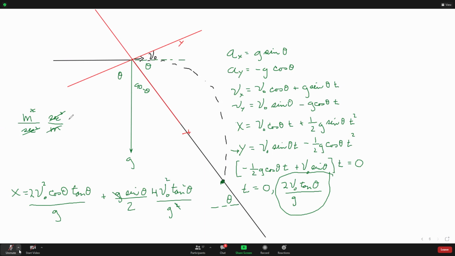Okay, so you know how to do this kind of problem. This actually was a simple one. Let's do a more complicated one. Let's fire a projectile up the slope.